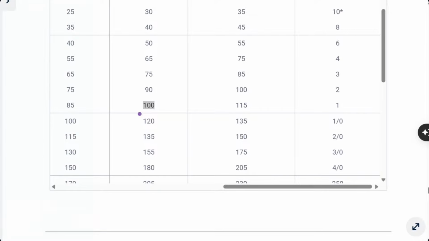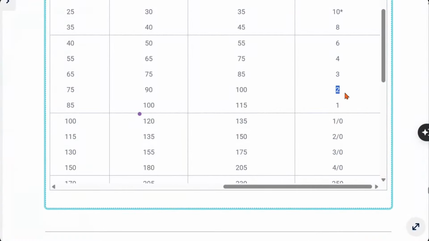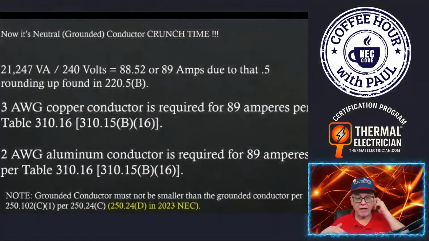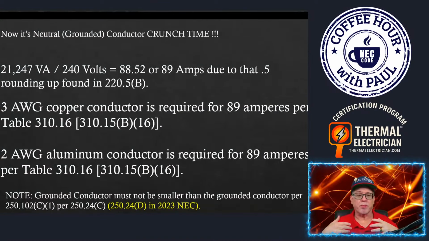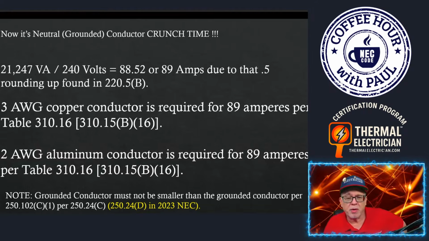We said that it could be a 2 aluminum because it's good for 89 amps, and if you go look at the table, a 2 is good for 90. So if you're not buying a cable assembly, that's why I'm telling you, if you buy the cable or you follow the principles in the cable assembly sizing, then you don't have to do anything. It's already factored in for you for the most part.